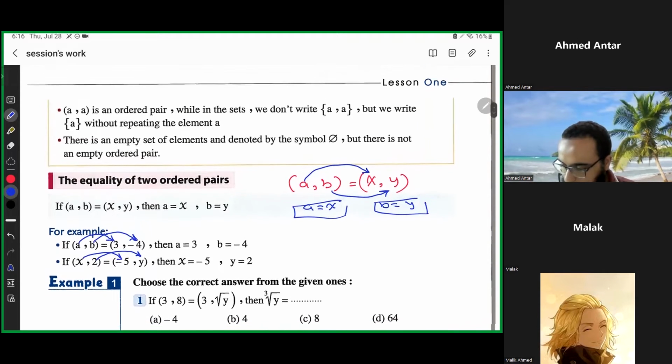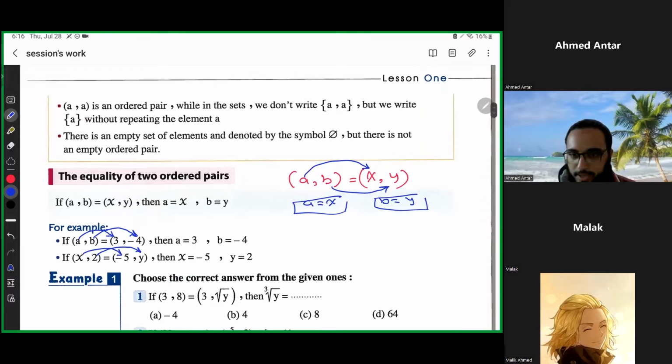If you have a question like that, answer with me. If 3 and 8 equals 3 and square root of Y. So هنا 3 و 3 هيروحوا مع بعض، يبقى اكيد ال 8 هي ال square root of Y. So square root of Y equals 8. Then the Y equals what?